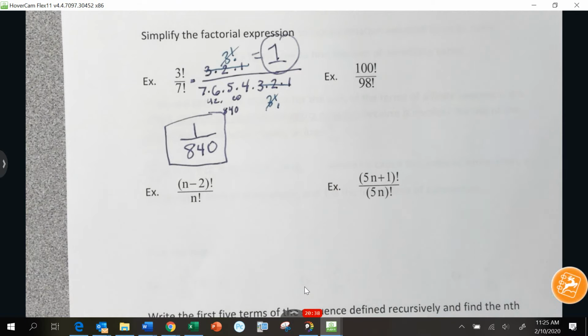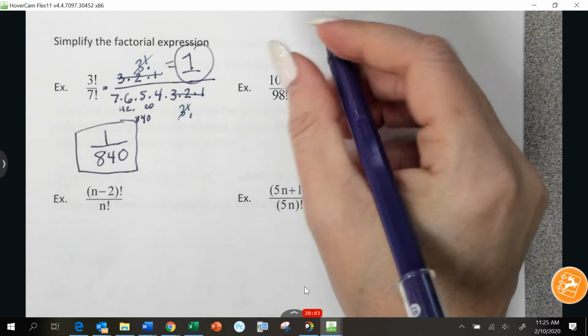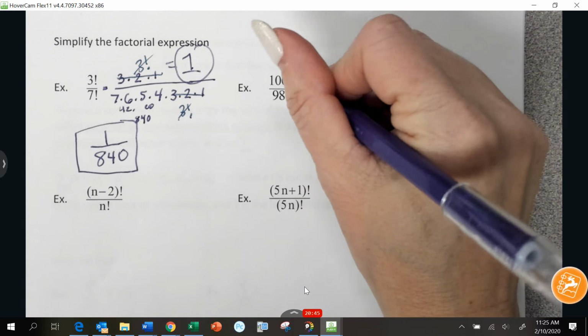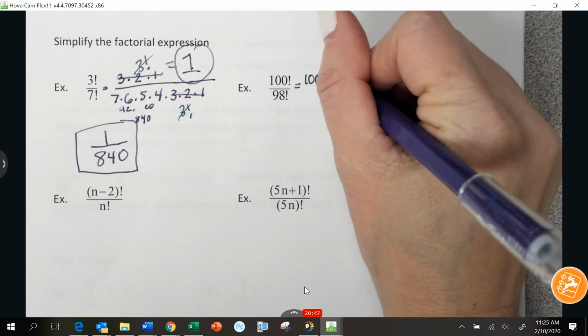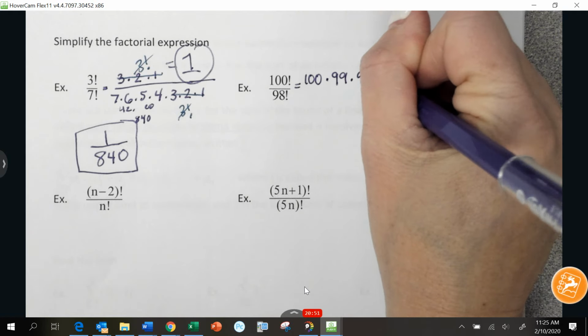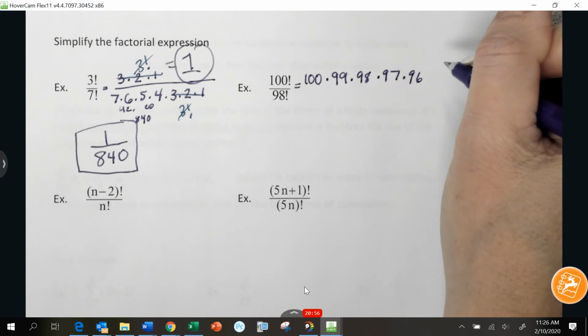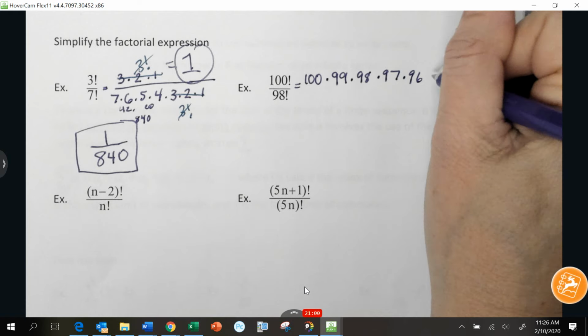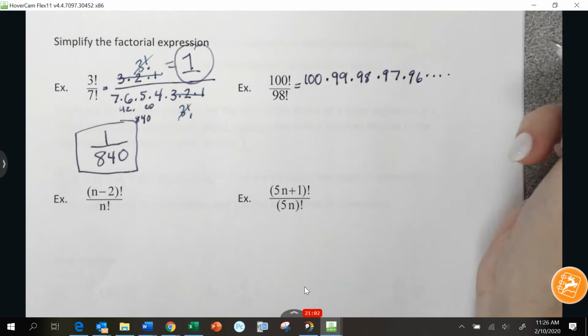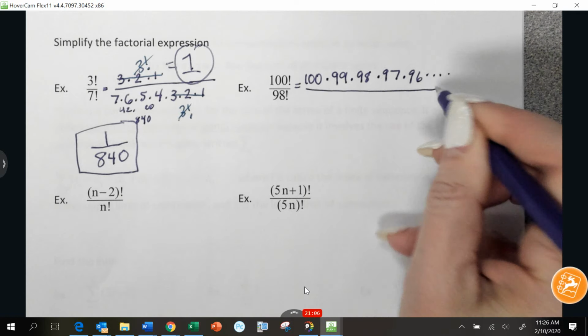Okay? Next one. 100 factorial. 100 times 99 times 98 times 97. What, Kia? Times 96. No way. Do I need to keep writing them? No. Because why?